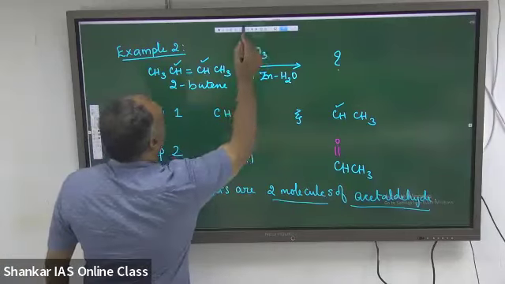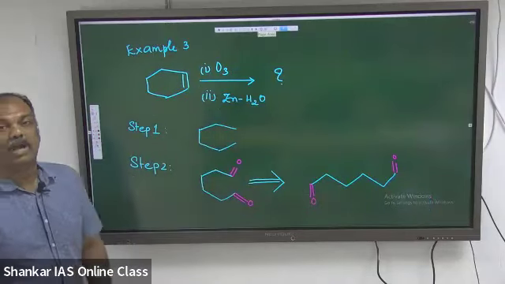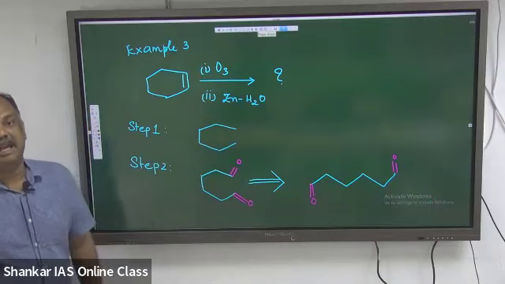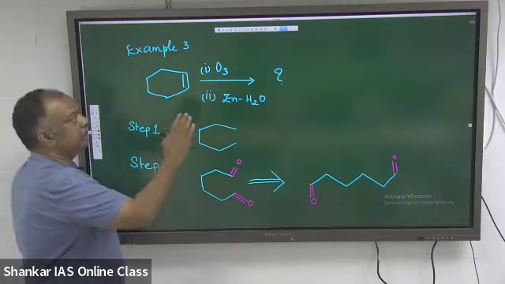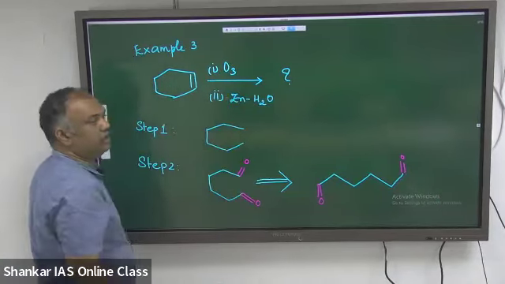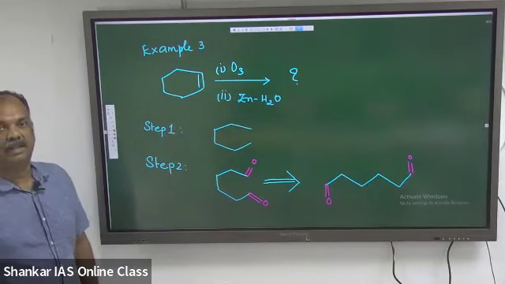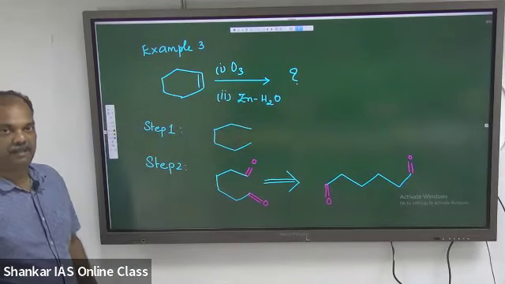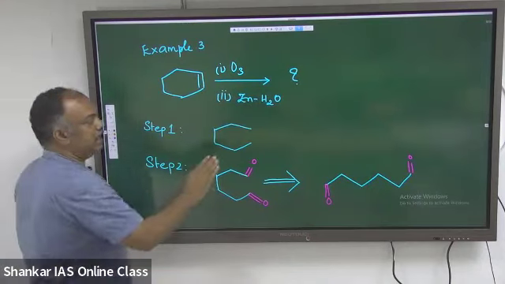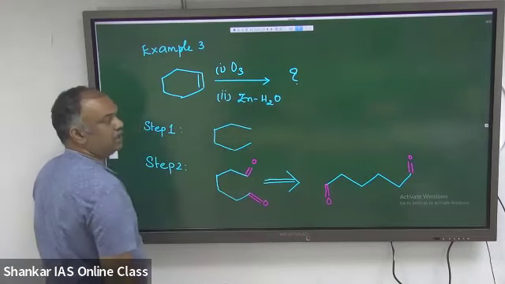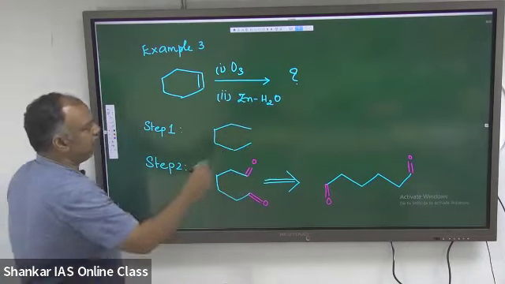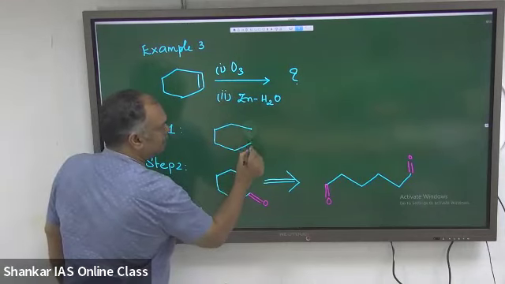We will see another example. Now I have taken a cyclic alkene and I am subjecting it to reductive ozonolysis. As said previously, in the first step, I should remove the double bond. So I have removed the double bond completely. Now these are the alkene carbons.